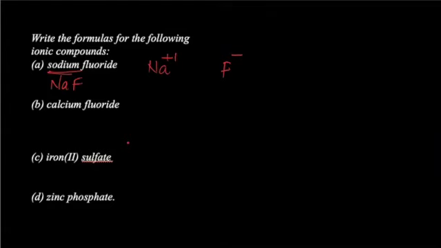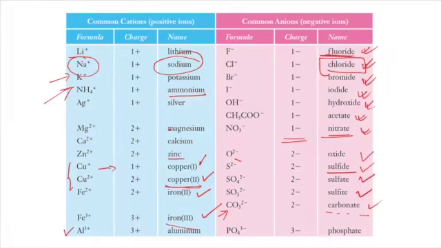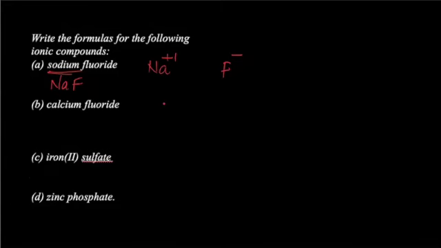Now look at calcium fluoride. Please write it down. Calcium. What does the cation for calcium look like? Ca 2 plus. So we have calcium 2 plus and fluoride is F minus.